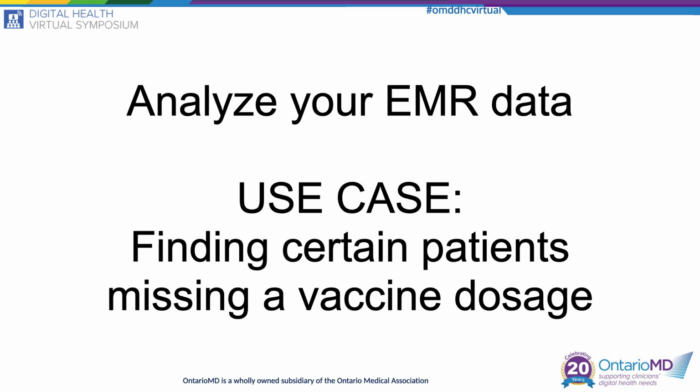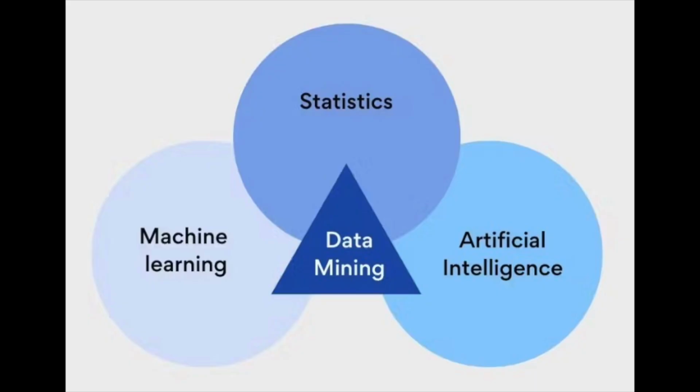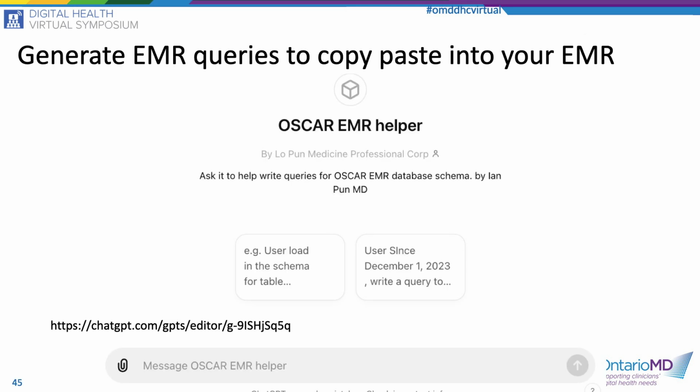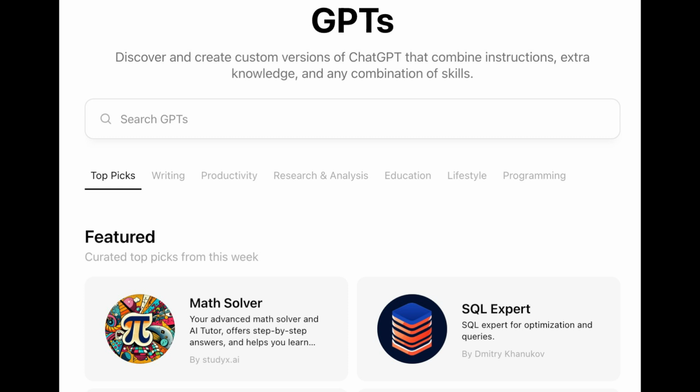The last use case for ChatGPT is that I'm going to use it to write a query to data mine my EMR to find certain patients, for example, those missing a vaccine. In order to do this, this is quite an advanced feature of ChatGPT. It's called a GPT, and you can train the GPT with certain information.